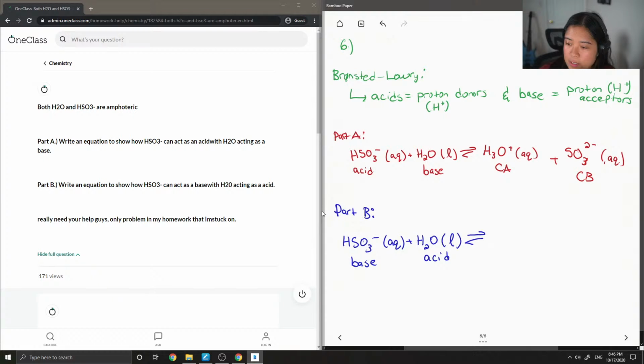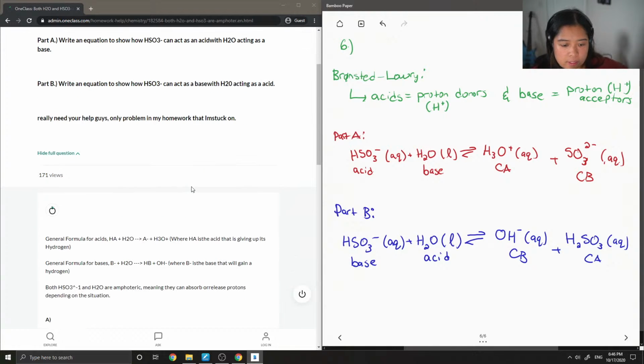And this is our base. So after water donates one of its protons, it becomes a hydroxide ion. So it's just OH minus, aqueous. This is our conjugate base. Then that will accept a proton and become H2SO3, and it acts as our conjugate acid.